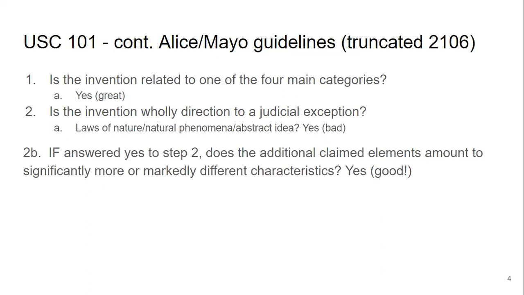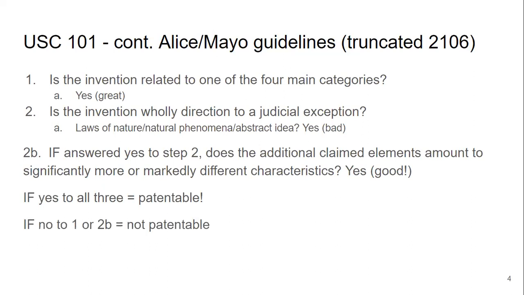If it's a yes, then that's good, and you can proceed towards examination. If not, then that would be considered unpatentable material. So if yes to all three, patentable, yay. Ideally you wouldn't want to have a yes to judicial exception, but that's okay as long as you have additional claimed elements. But if it's a no to 1 or 2B, then it is not patentable.